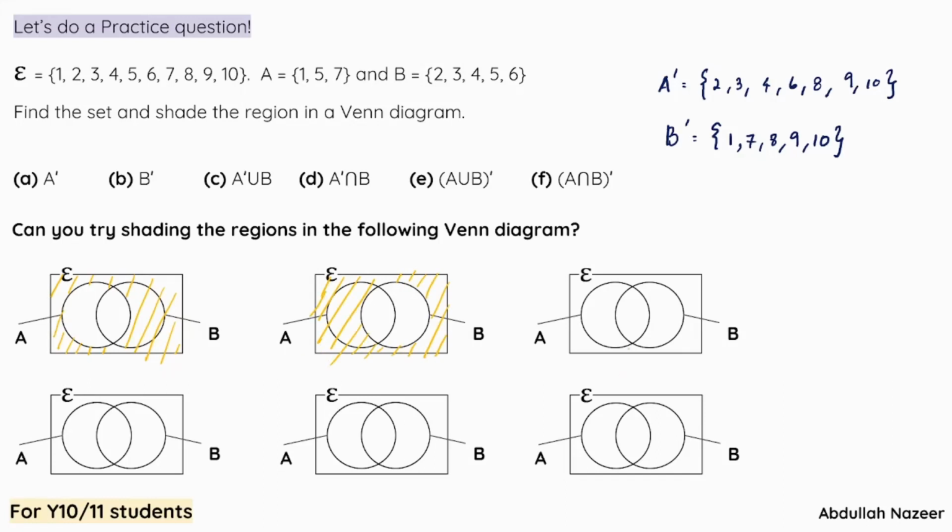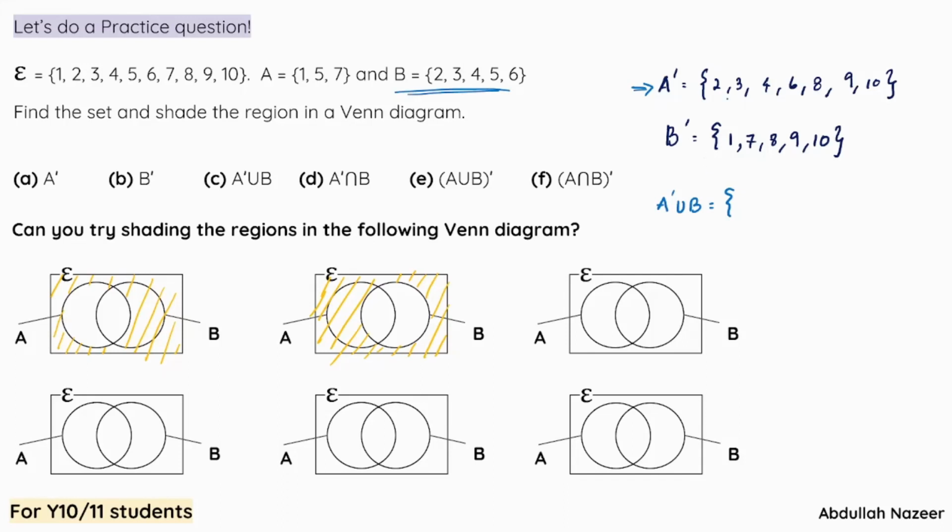Alright, so for C, we need to find A complement union B. The set A complement union B is basically the set A complement and the set B put together. The set A complement we've already got here, and the set B is over here.